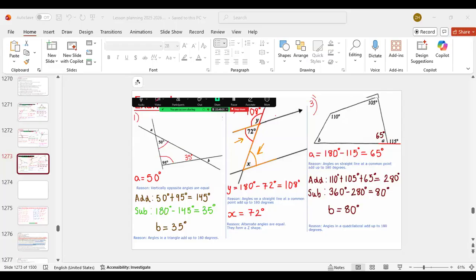China, very good. Jamari, very good. Renee, very good. Deshaun. Very good.